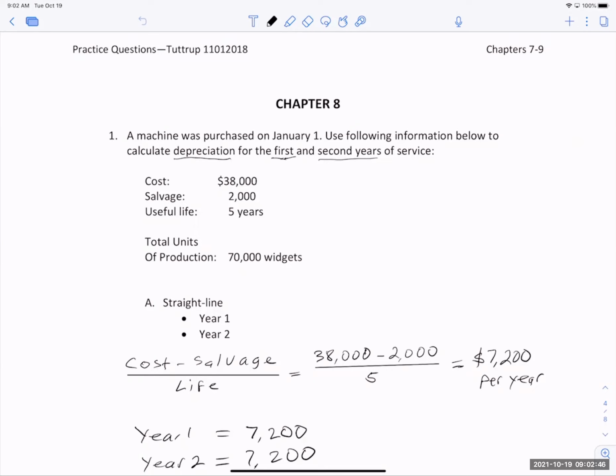Before, I told you that you need to glean at least 3 bits of information to solve any depreciation problem: cost, salvage, and useful life. And I demonstrated before, like in chapter 3, the straight line method.